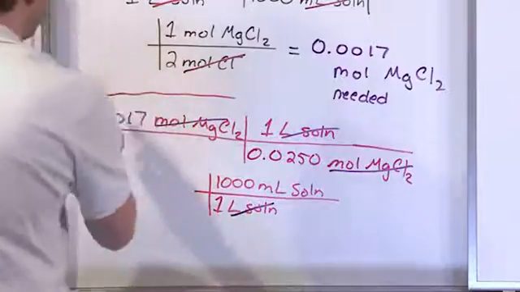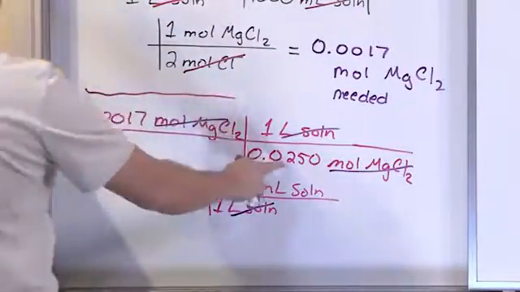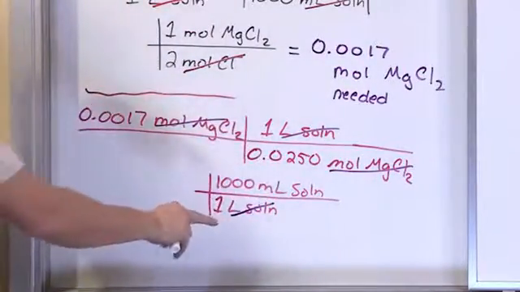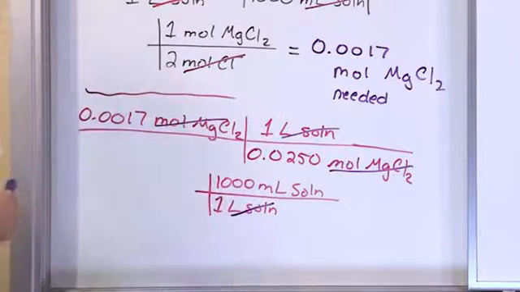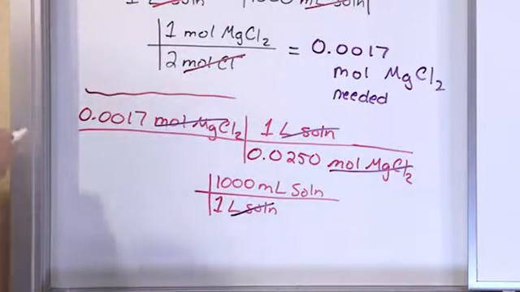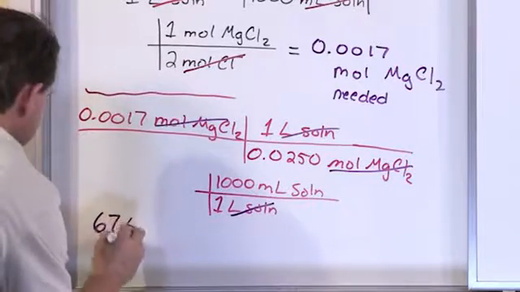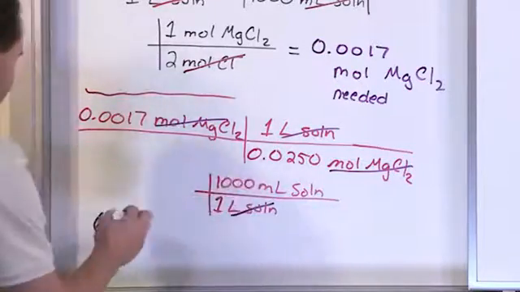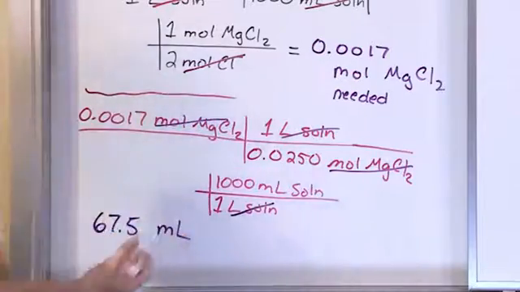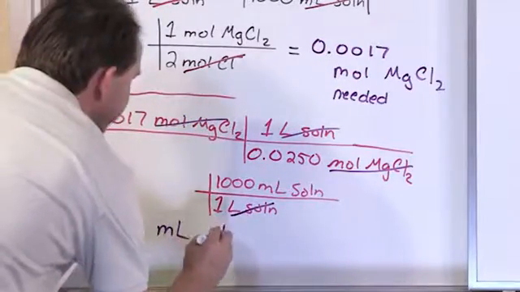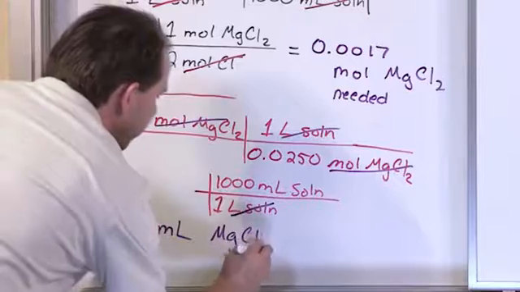Then what you're going to get is 0.0017 times 1 divided by 0.0250 times 1,000. All the units have canceled, so at the end of the day, you're going to get 67.5. What is the unit? It is milliliters of solution. What solution are we talking about? Milliliters of magnesium chloride solution.